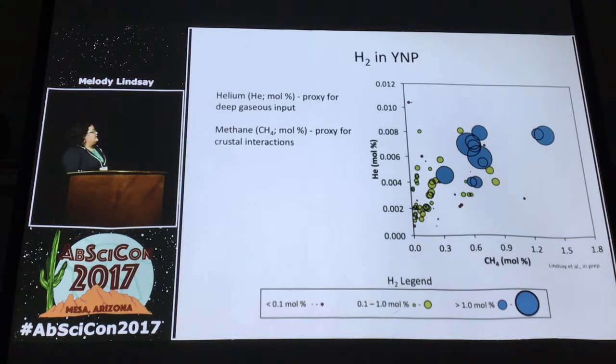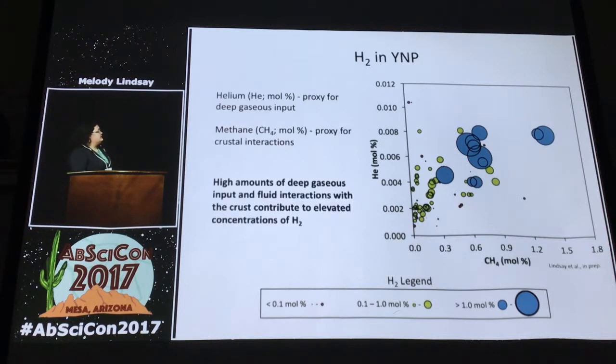You can see that springs that have a high amount of helium and a high amount of methane are characterized as well by high amounts of hydrogen. So this leads us to think that high amounts of deep gaseous inputs as well as fluid interactions with the crust will contribute to springs which exhibit elevated concentrations of hydrogen.